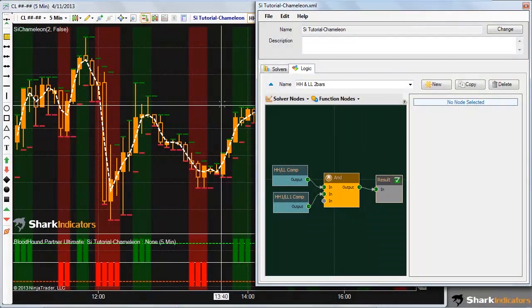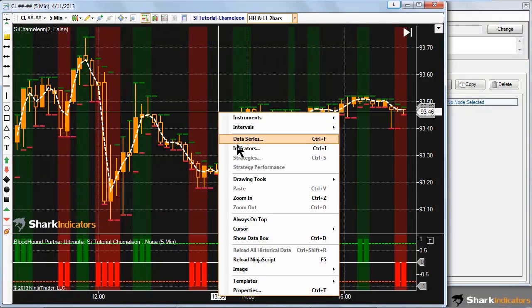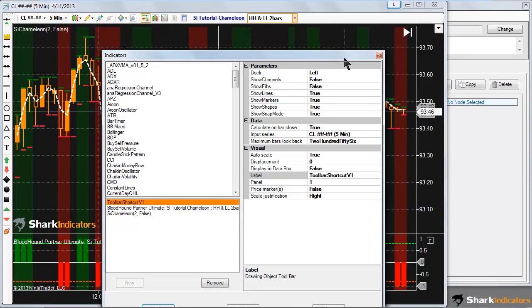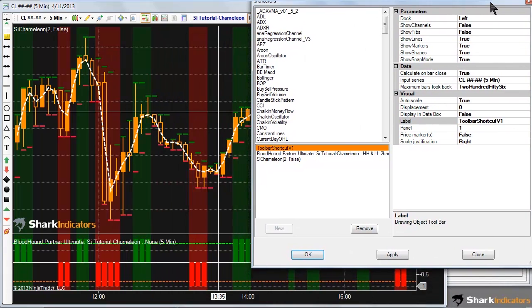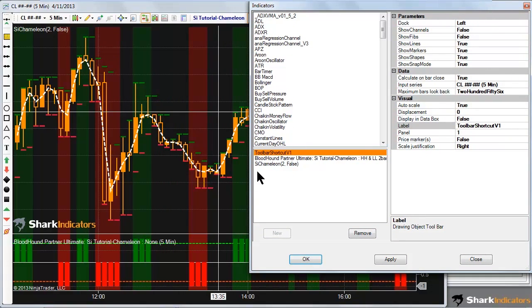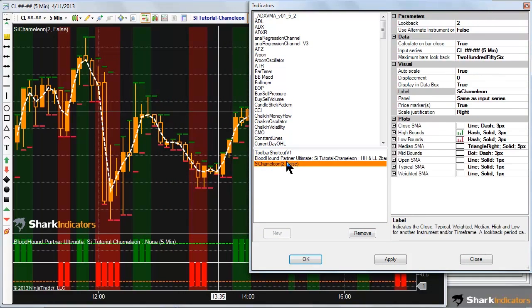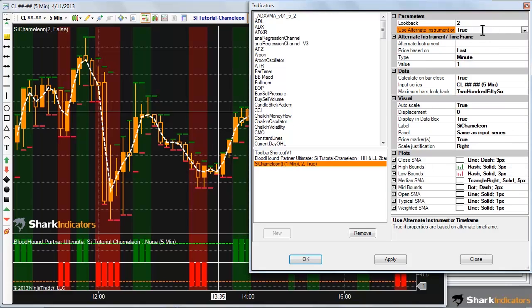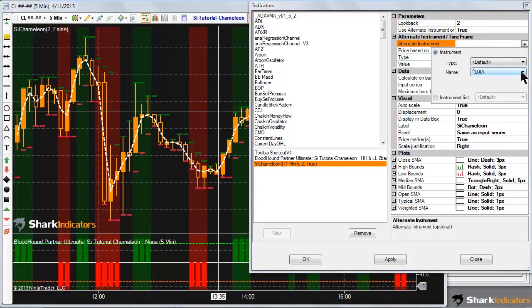Now let me get back to one of the unique features that Chameleon has and how it got its name. So if we bring back up the indicator window, you'll notice this parameter setting here. Use alternate instrument or time frame. So if I set this to true, you'll see that I can plug in here a different instrument.